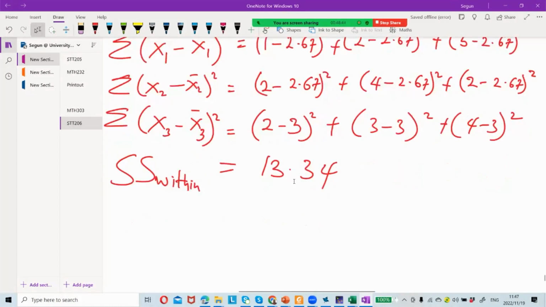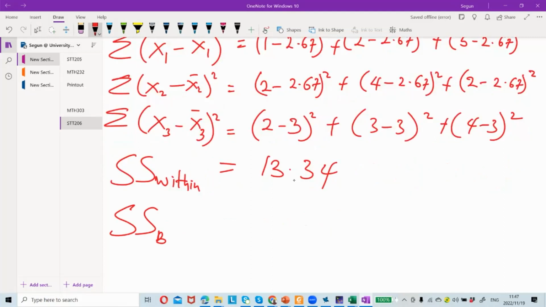So we now need to calculate SS between. SS between will be SS total minus SS within.